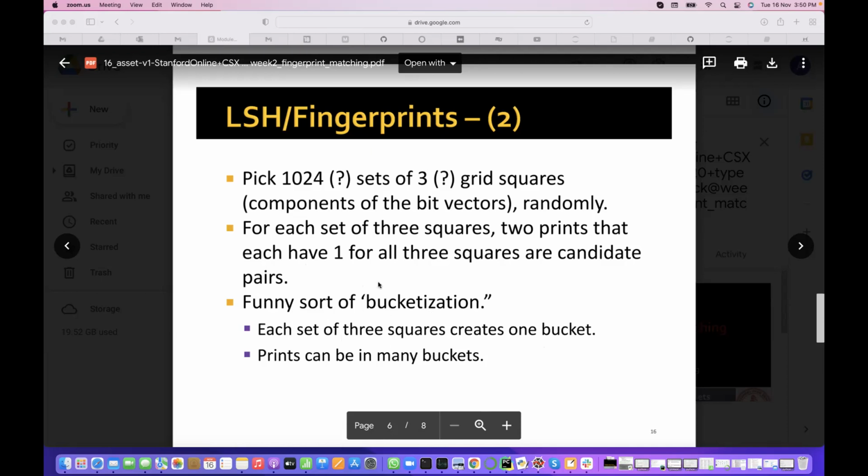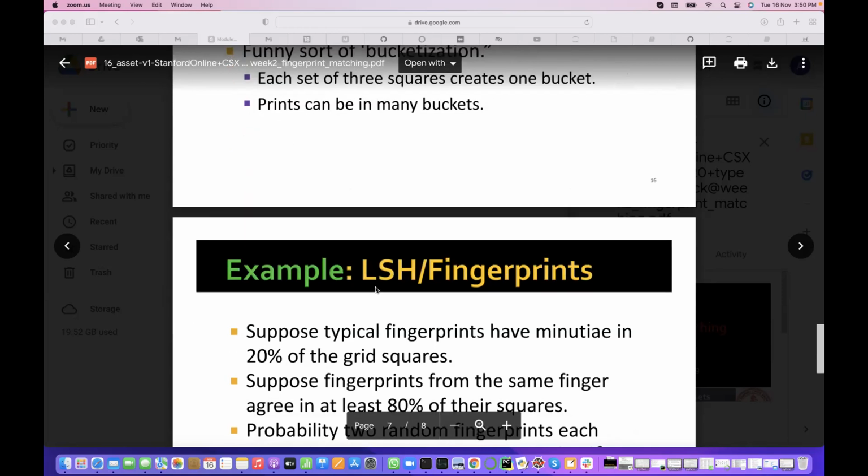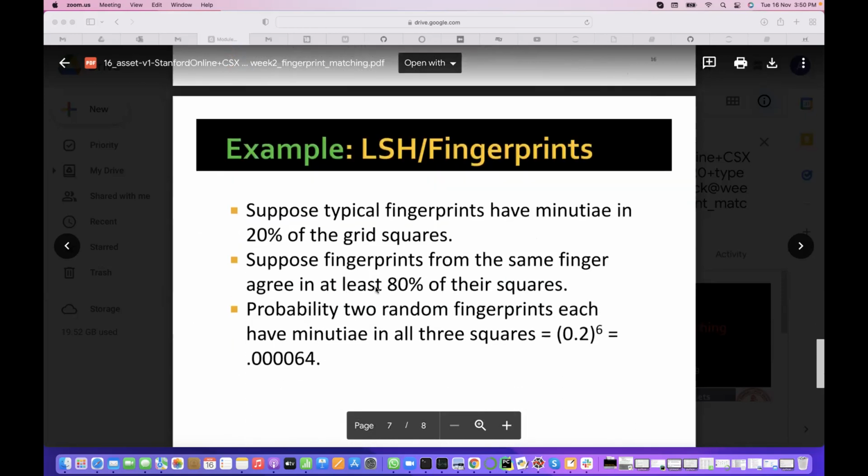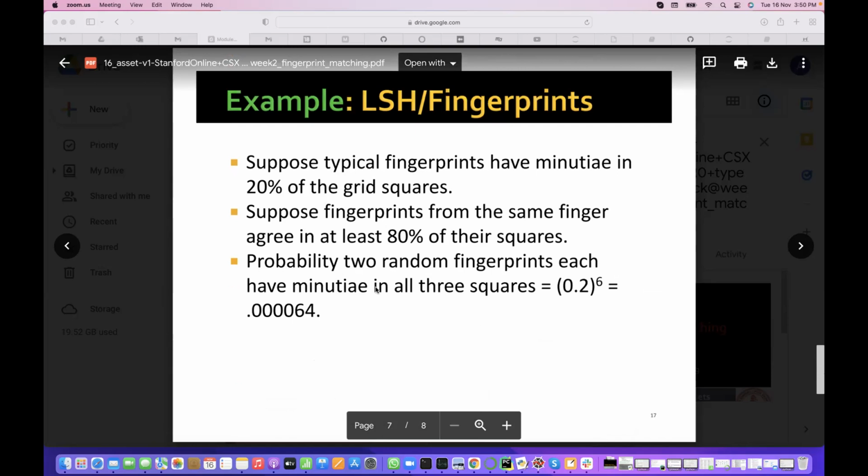He's saying that not one, you take 3. Then pairs which are not similar will be reduced still further, falling into the same bucket, because on 3 grids they should agree. That is what he says here. Further, it will reduce the number of probes for similarity search.